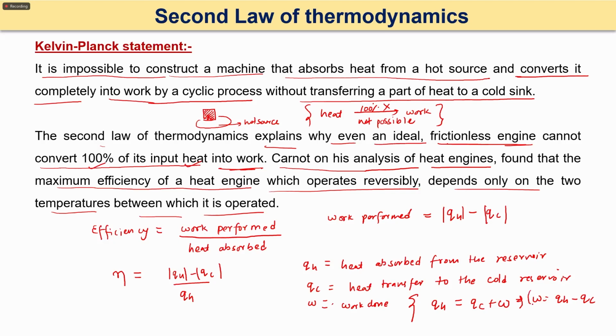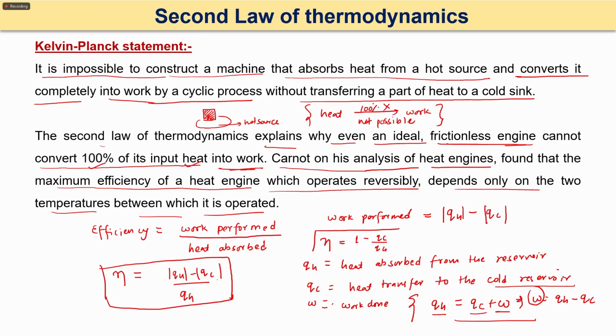So you get W, that is QH minus QC, because the amount of heat absorbed will be used in doing some work, and some of the heat will be transferred to the cold reservoir. If you solve this, you will get eta equals QH by QH, which becomes 1, minus QC by QH. So this is the equation.